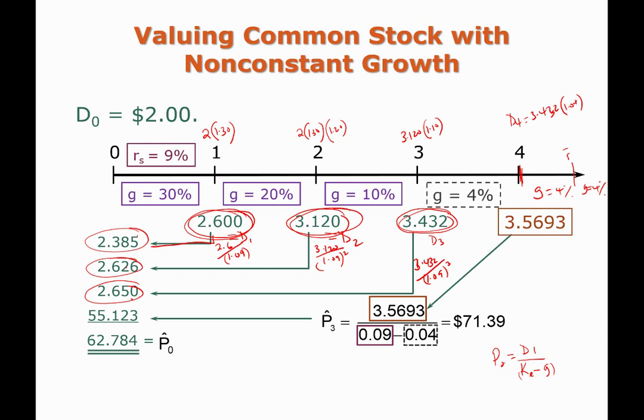That will give us P naught. In this example, we are not looking at it from this perspective because the constant growth is not here. The constant growth is basically after year three.